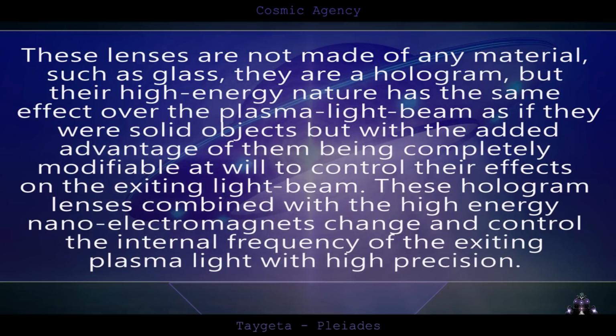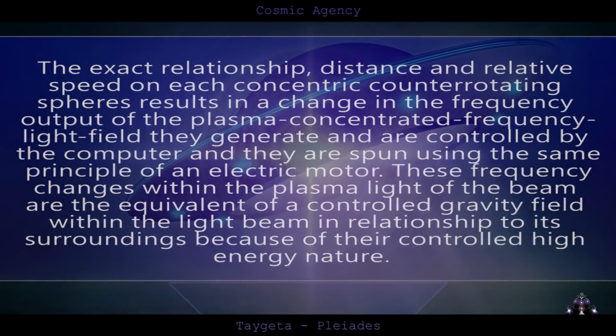These hologram lenses, combined with the high-energy nanoelectromagnets, change and control the internal frequency of the exiting plasma light with high precision. The exact relationship, distance, and the relative speed of each concentric counter-rotating sphere results in a change in the frequency output of the plasma concentrated frequency light field they generate, and are controlled by the computer, and they are spun using the same principle of an electric motor.